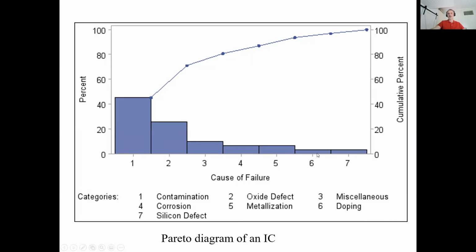You have your doping of the actual silicon, your N++ areas or whatever, and then there's silicon defect, so let's say dislocations coming from the ingot manufacturing or whatever.